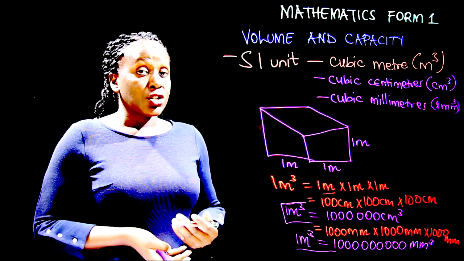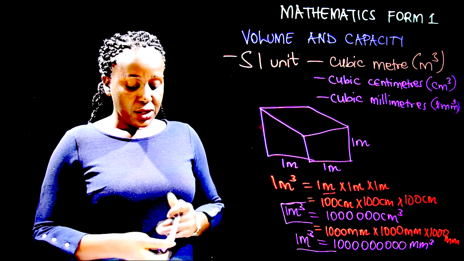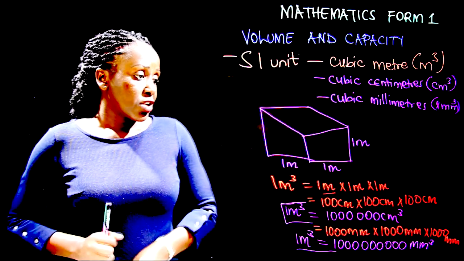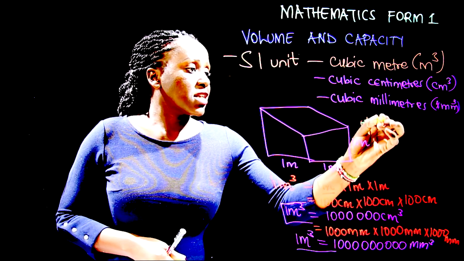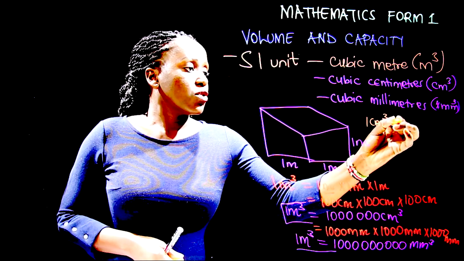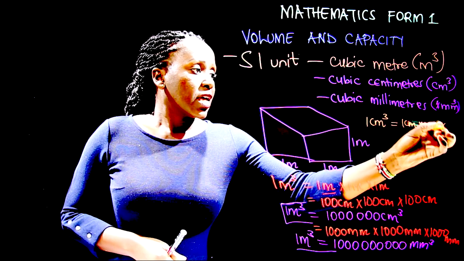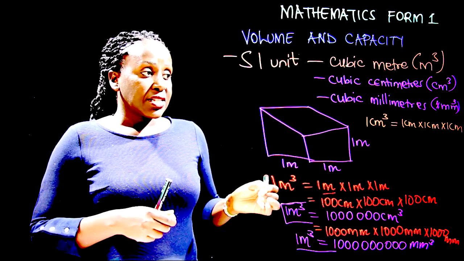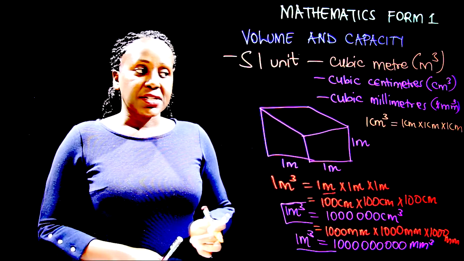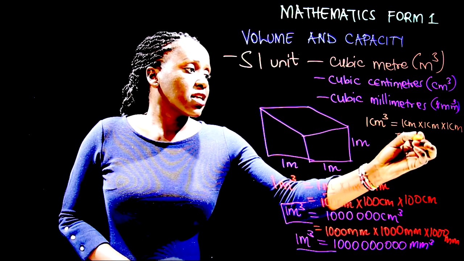But what is the relationship between centimeters cubed and millimeters cubed? We have already stated that 1 centimeter cubed is equal to 1 centimeter times 1 centimeter times 1 centimeter. How many millimeters are there in 1 centimeter? In 1 centimeter, we have 10 millimeters.